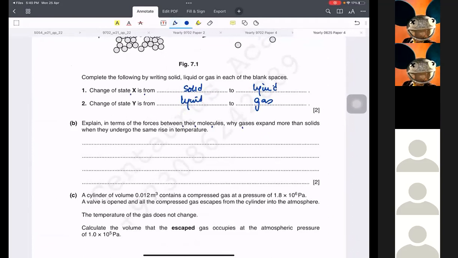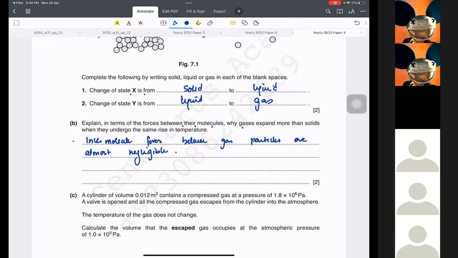The reason is that you need to understand that intermolecular forces between gas particles are almost negligible.